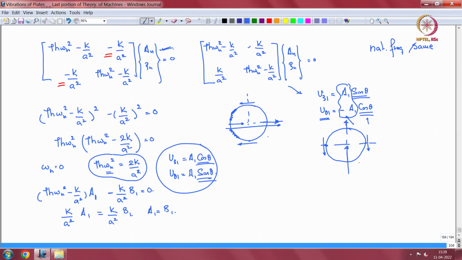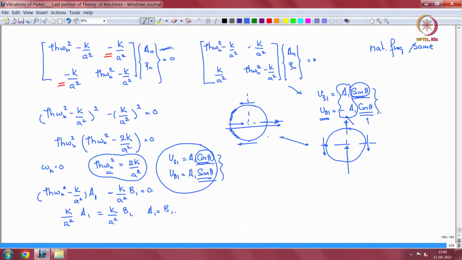The same displacement is just rotated by 90 degrees. So nothing radically happened between this choice and that choice. But what it is telling us is that indeed you need both cos theta and sin theta to fully represent it.